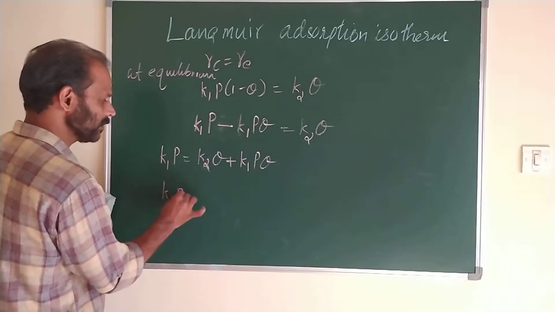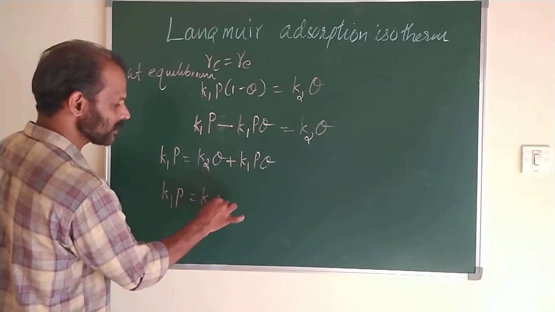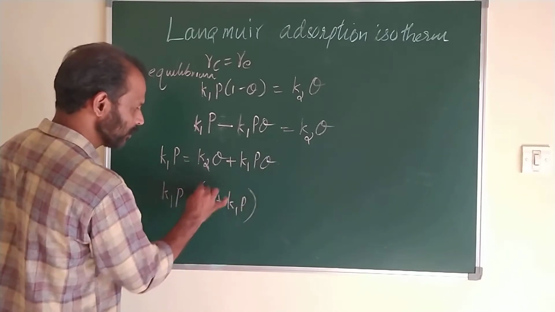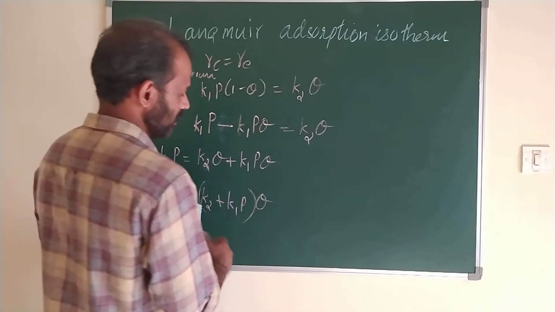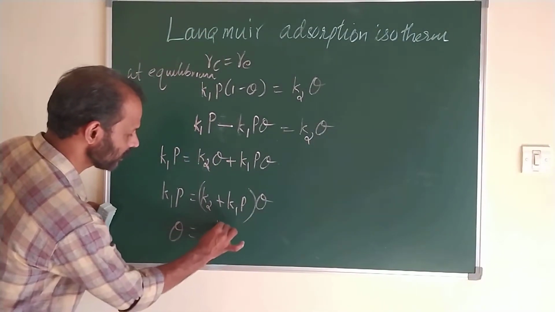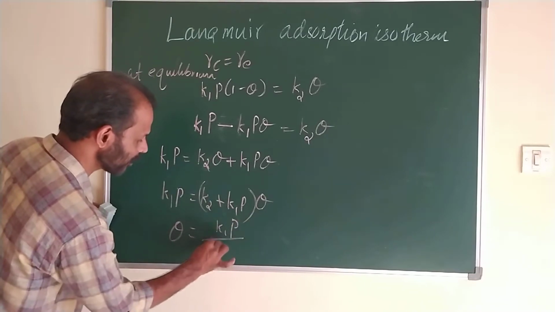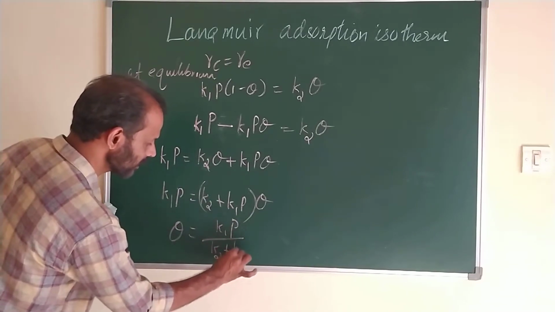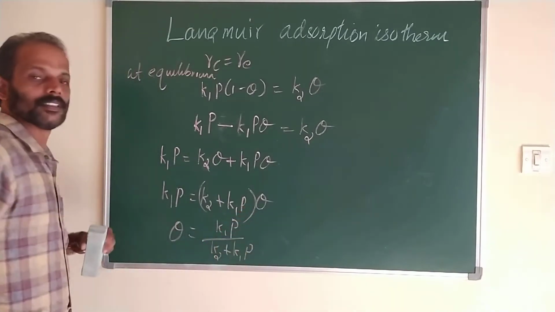So K1P is equal to K2 plus K1P, into theta. That is, theta is equal to what? K1P divided by K2 plus K1P. Alright?